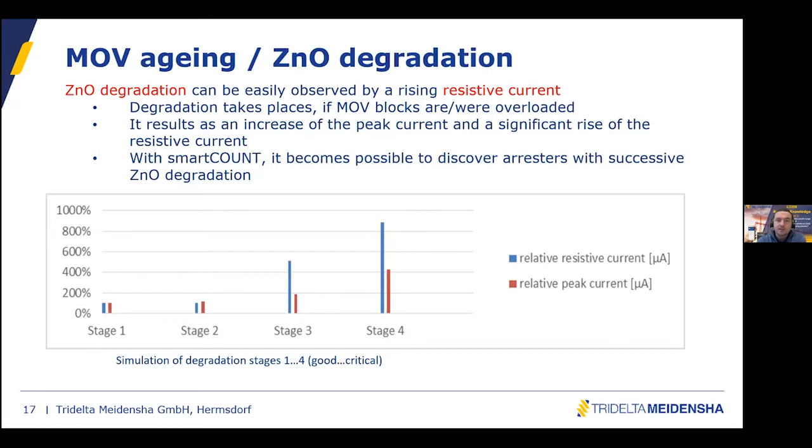And in such cases, the smartCOUNT really helps you to identify a critical level where you exceed the minimum acceptable resistive current for the MOV varistors, and this gives you a signal that the surge arrester must be replaced.